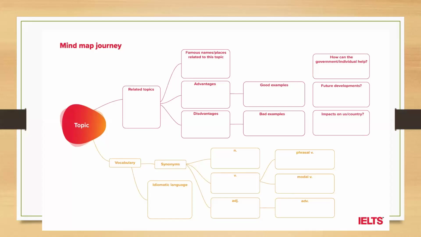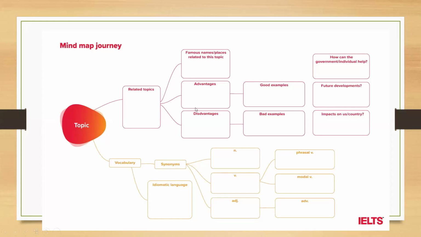The part up in red is related topics. The part down is vocabulary, part of speech, where you would use nouns, idiomatic expressions, synonyms, verbs, adjectives, phrasal verbs, modal verbs, and adverbs.